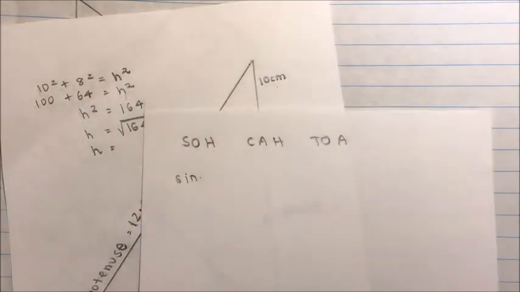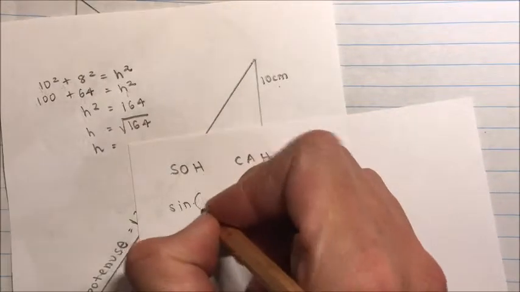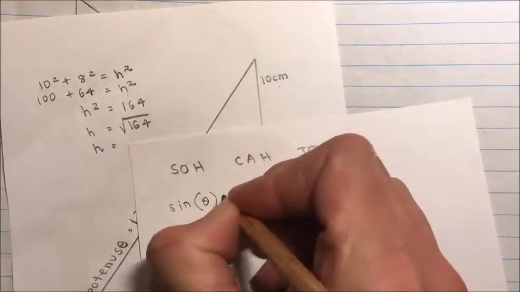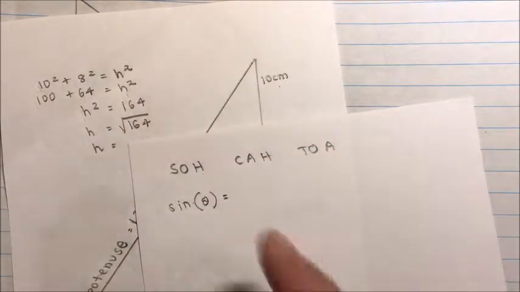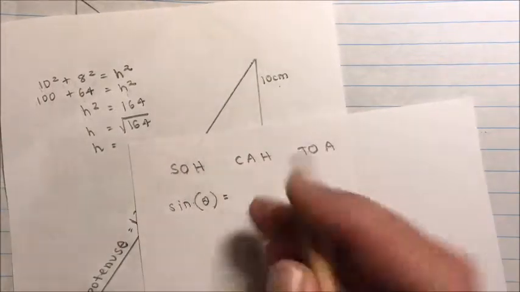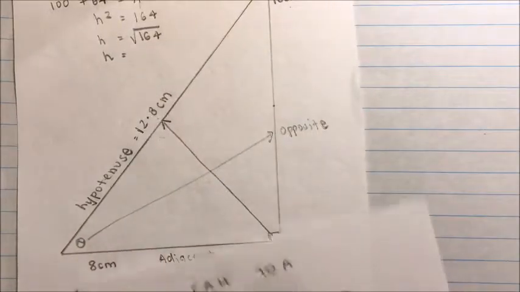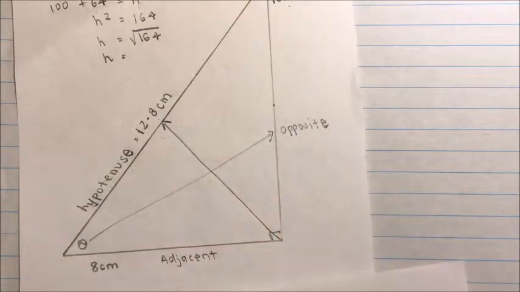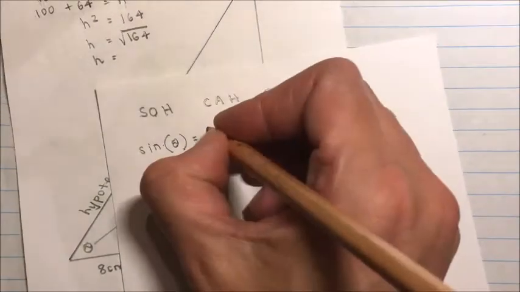So sine in relation to my reference angle is going to equal opposite over hypotenuse. My opposite is 10 centimetres over my hypotenuse, 12.8.